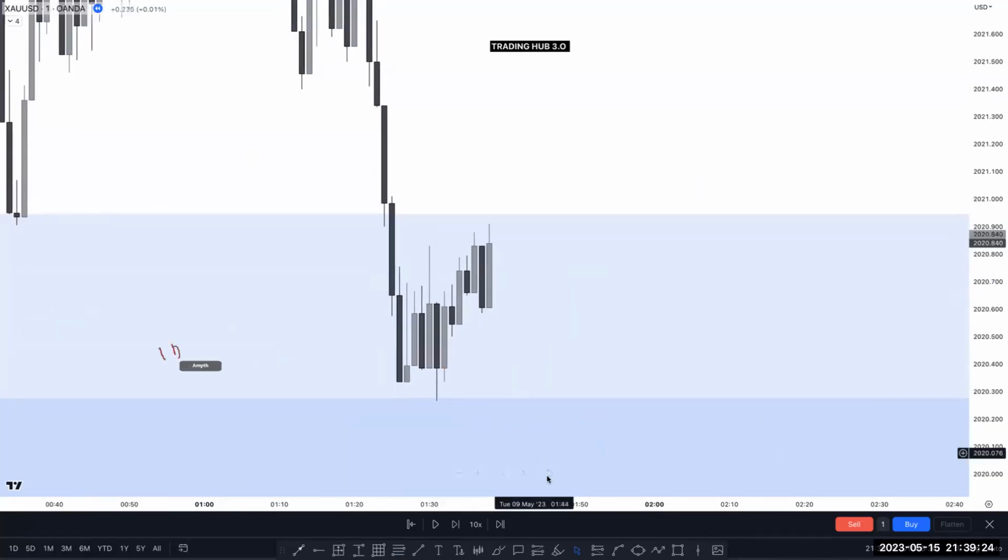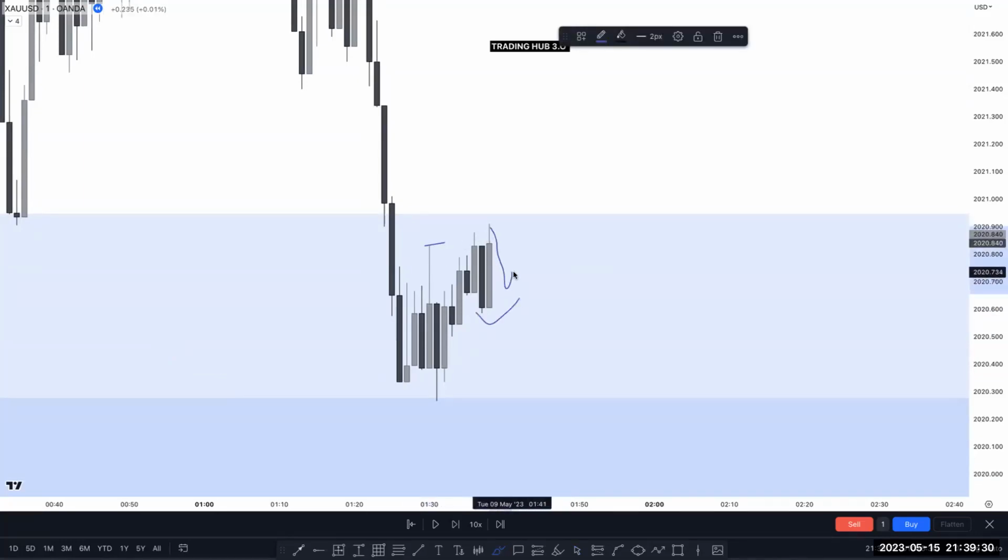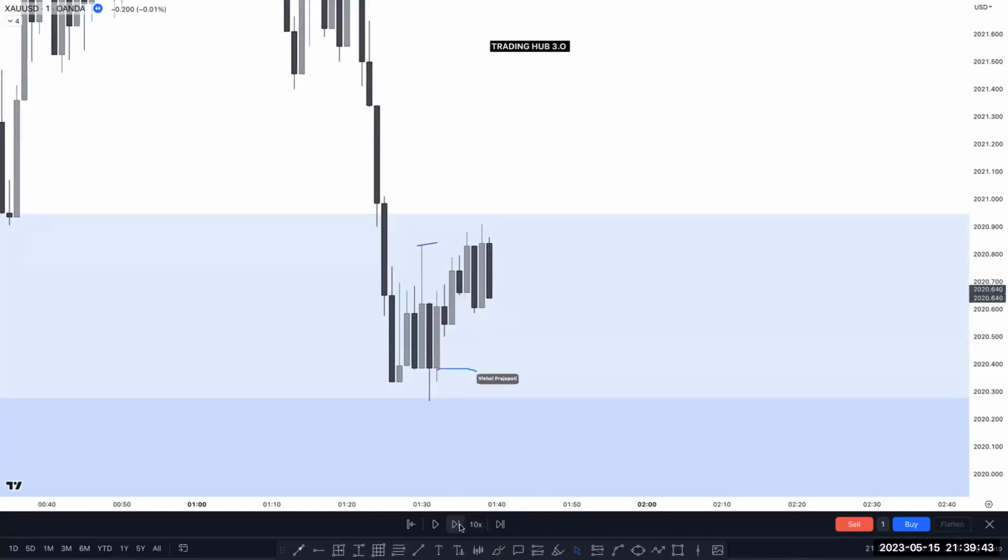This is our CHoCH, right? And after the CHoCH, what you should do in this case is the market must take out this inducement. If there is any order block or anything, then you have to wait for it to mitigate this one. If it sweeps the inducement and creates any single candle order block, then you can buy here. Okay, so let's see what happened next here.